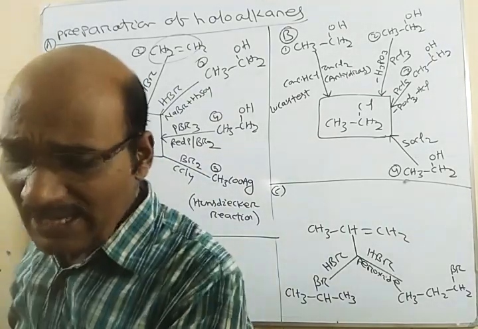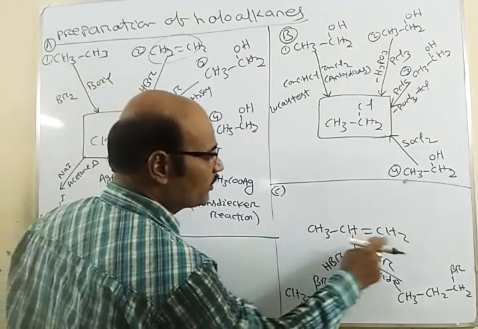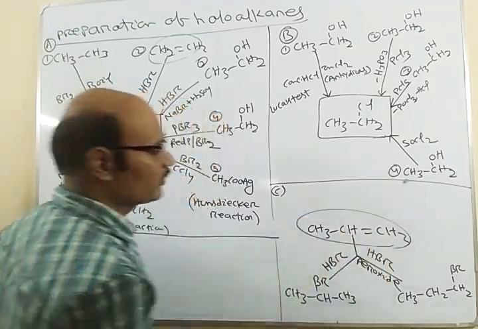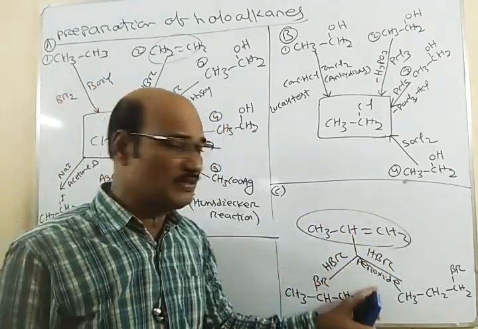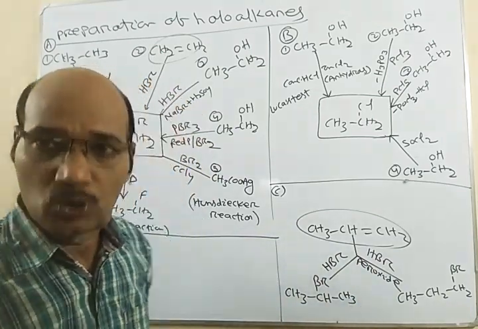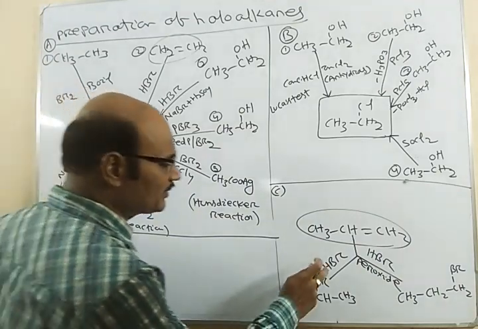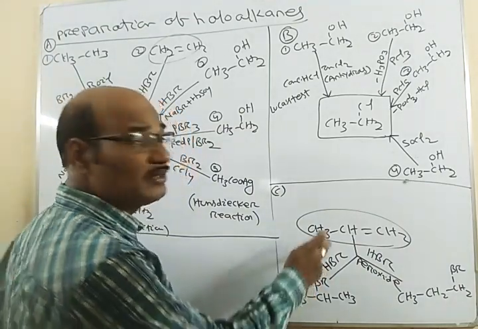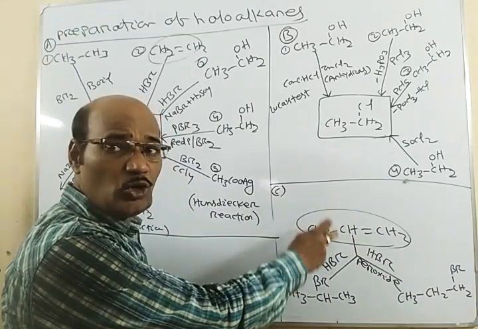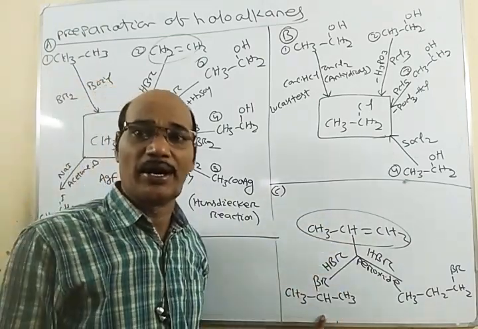Now here I have an unsymmetrical alkene like this one, CH3CH=CH2. This is an unsymmetrical alkene. So here, if I add HBr, then I have to follow what rule? Markovnikov's rule. We know Markovnikov's rule. When an unsymmetrical reagent is added to an unsymmetrical alkene, the negative part of the addendum will go to the carbon having fewer hydrogen atoms.